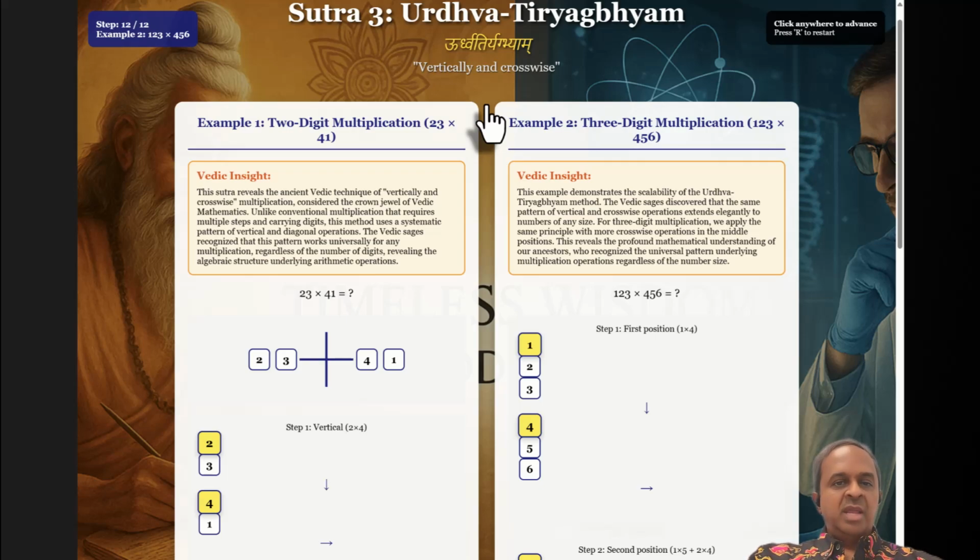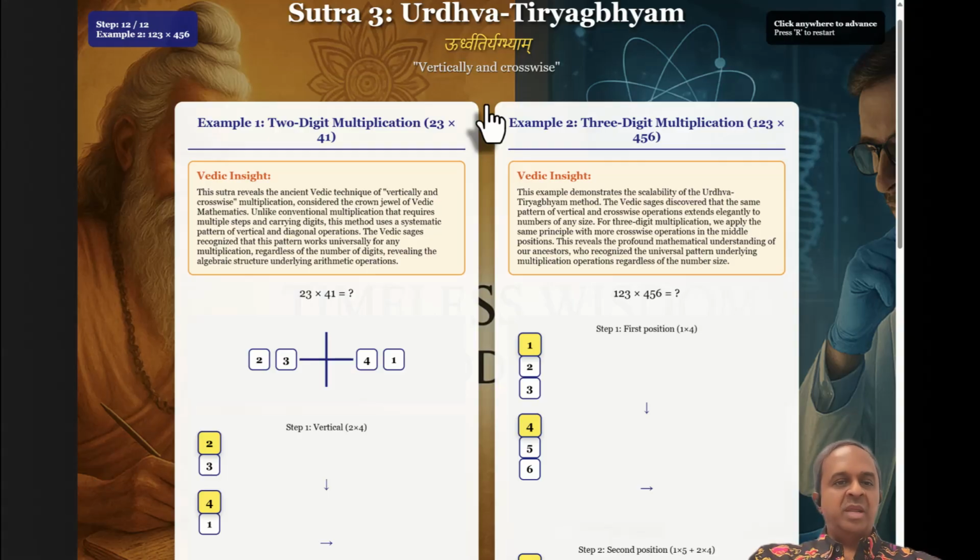The Sutra is particularly valuable for mental calculations as it eliminates the need to memorize large multiplication tables and reduces the cognitive load by breaking down complex operations into manageable steps. So, as you practice these techniques, you will develop a deeper understanding of numerical relationships and enhance your mathematical abilities.